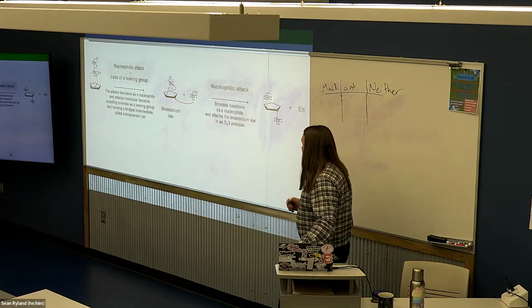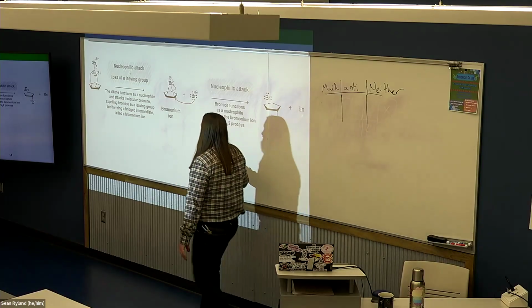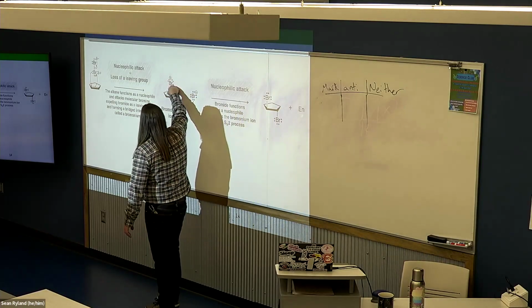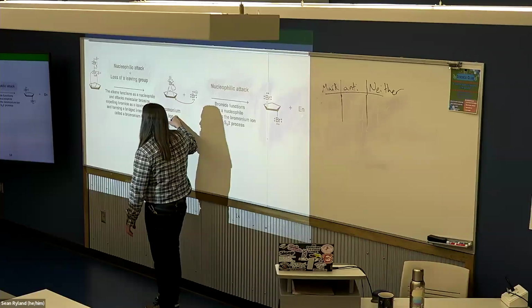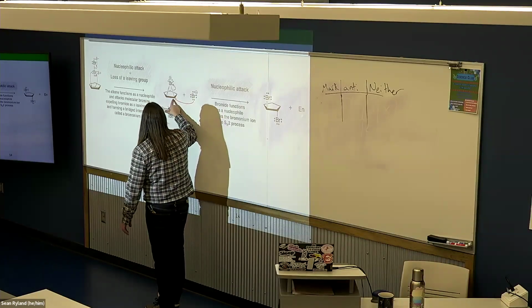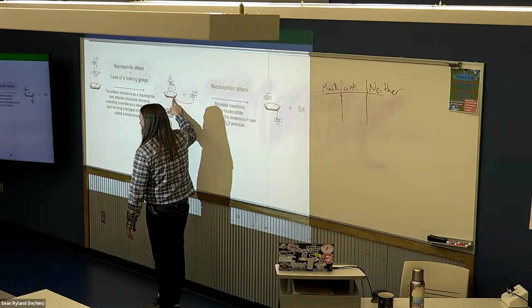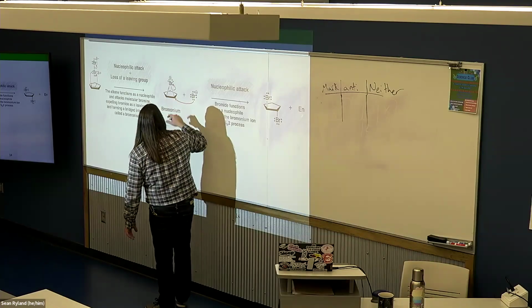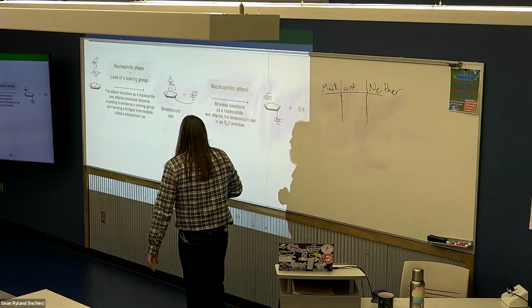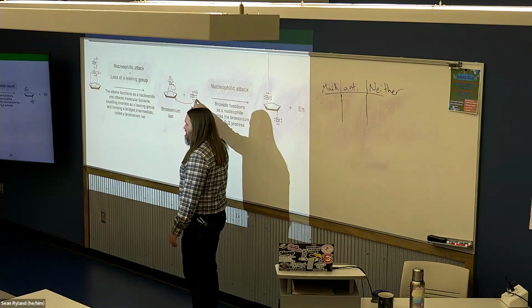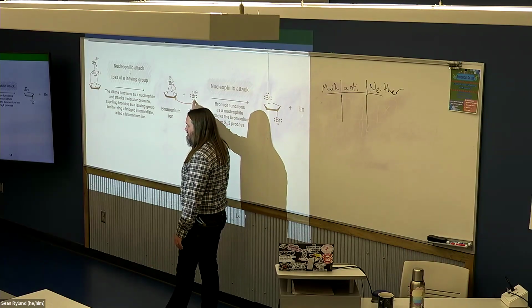All right, so the first step is we make this three-sided bromonium ion, a three-sided ring. And then in the second step, a second bromine comes in to attack. Could we swap out this nucleophile? It's just an SN2, right?